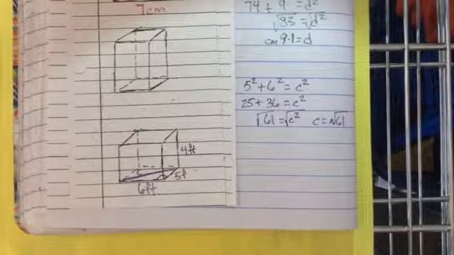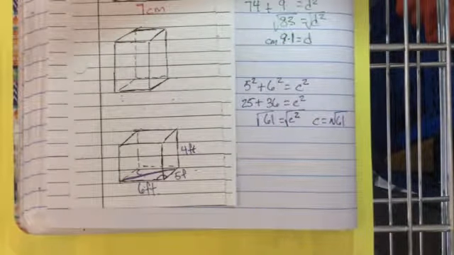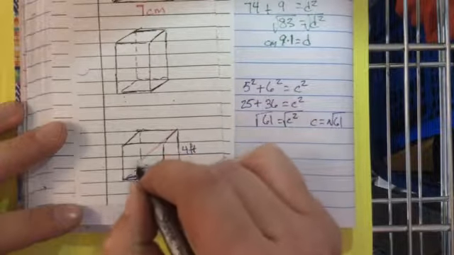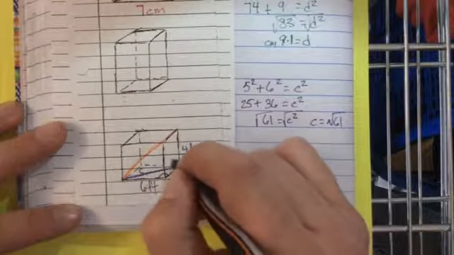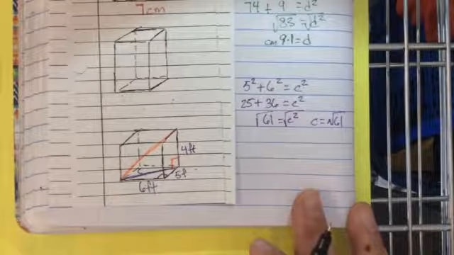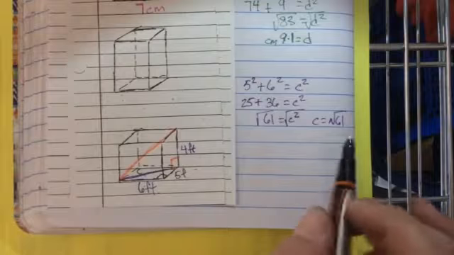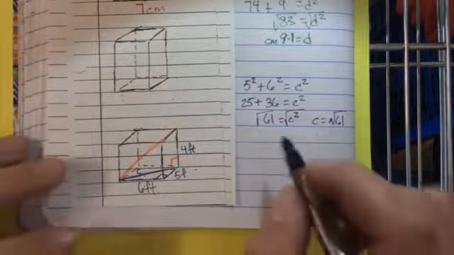So now we have found our base hypotenuse. What do we need to do now? Draw the diagonal. And now we have our second right triangle. So we have a leg, and we have a leg. We're looking for the hypotenuse.